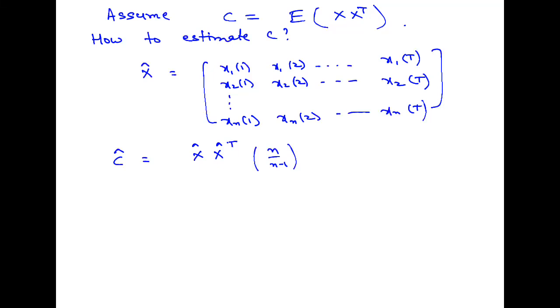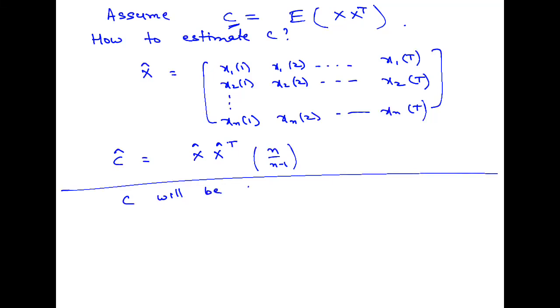This is one way to find the estimator of C, but let's start with C. What will be the property of C? I'll not prove it, but any such matrix C will be symmetric and positive semi-definite.